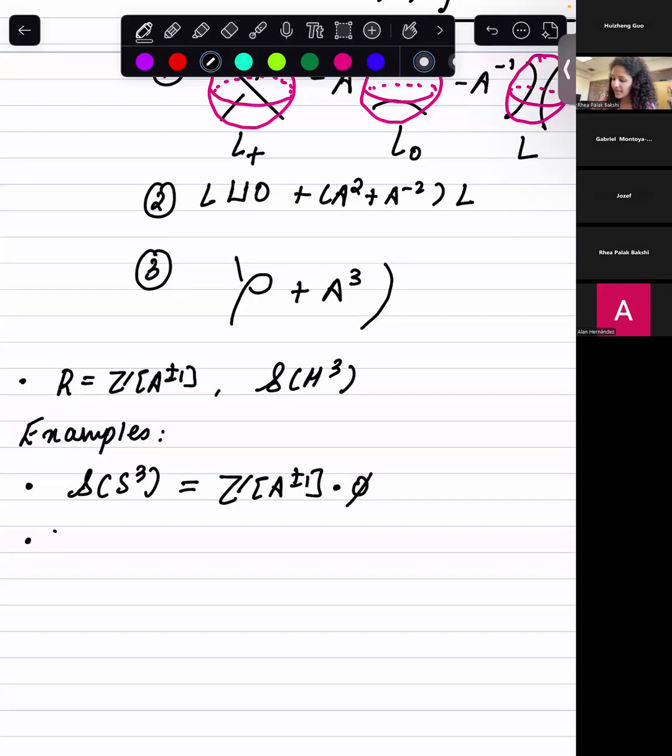Then Jim Hoste and Jozef Przytycki, in 1989, I believe, computed the skein module of lens spaces.